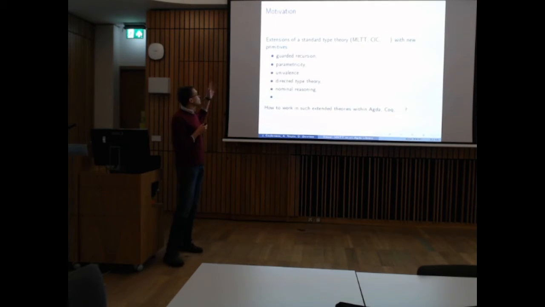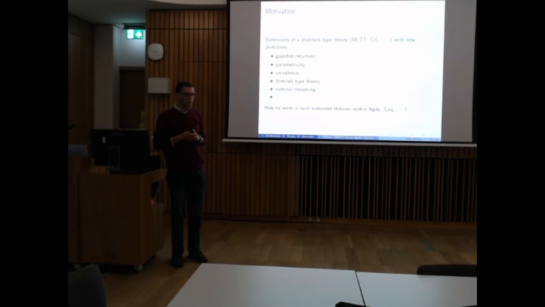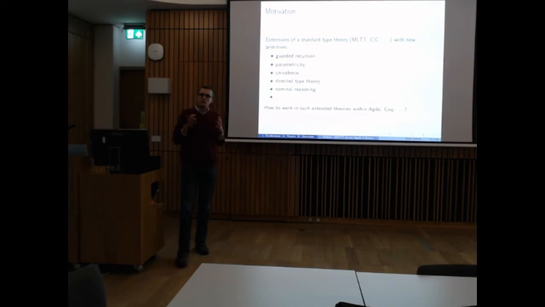You can think, for instance, of systems with guarded recursion, parametricity, univalence, that kind of stuff. And the question is, most of these systems have been designed as theoretical systems, and we actually want to benefit from these new primitives when we're programming in Agda. So how can we actually do that?